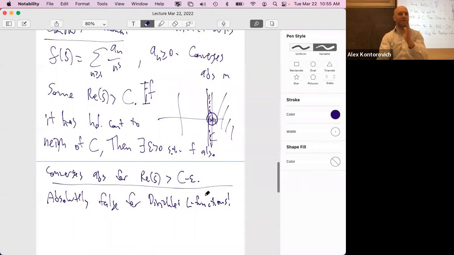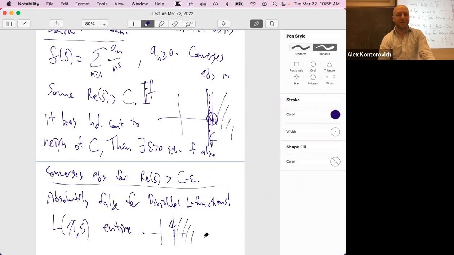So what's wrong? You mean like for Zeta we're talking about? No, not Zeta, because Zeta has a pole at 1. But these are all entire, and they converge down to 1. They have absolute convergence to the right of 1. They have holomorphic continuation, not only at 1 but everywhere, they're entire functions, but they do not converge absolutely inside of 1.